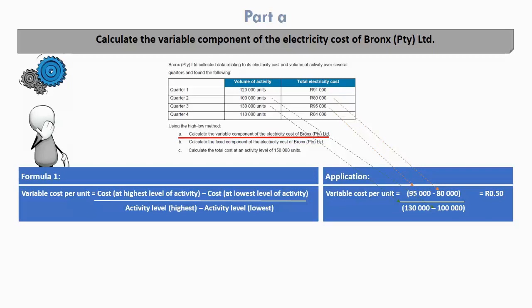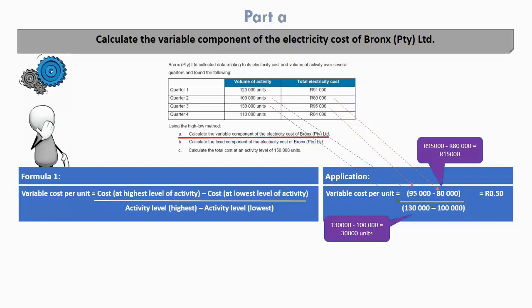We divide the difference between these two by 130,000, which is the highest level of activity, minus 100,000, which is the lowest level of activity. The difference in cost is 15,000 rand, and the difference in activity is 30,000 units.